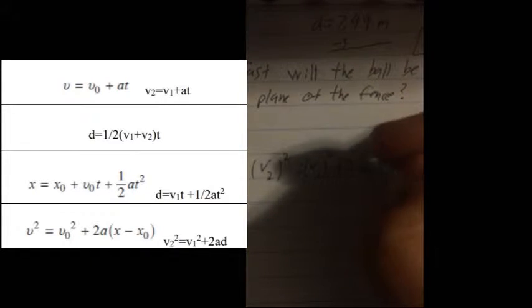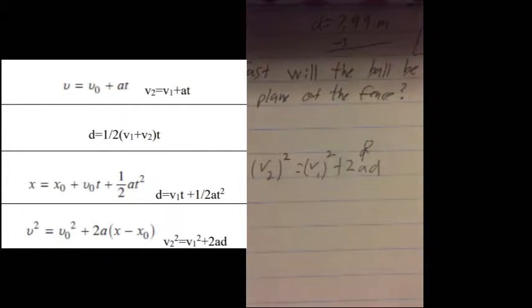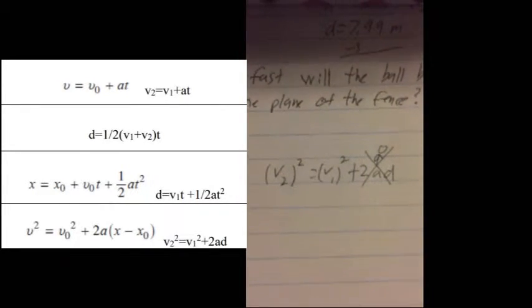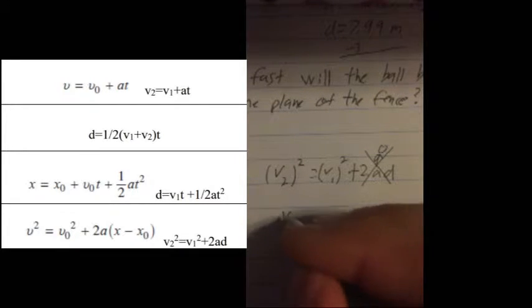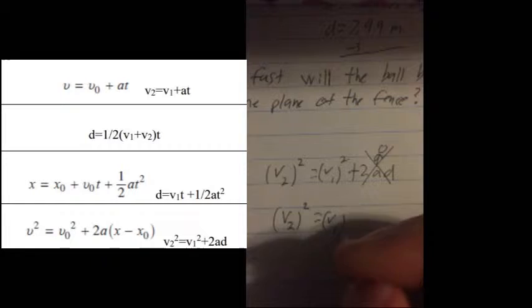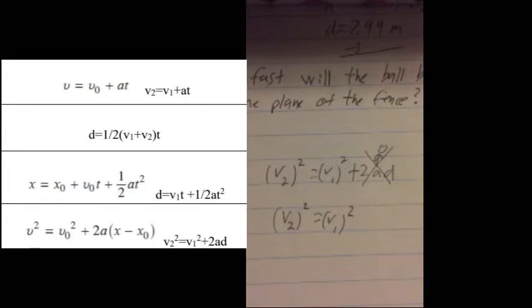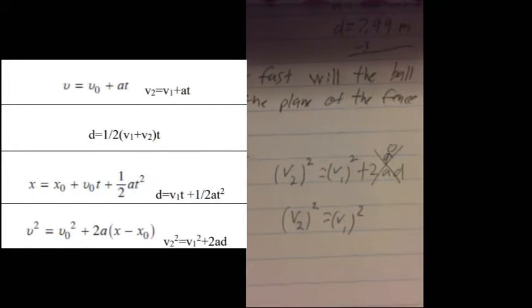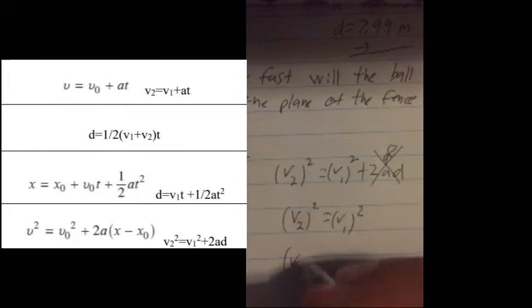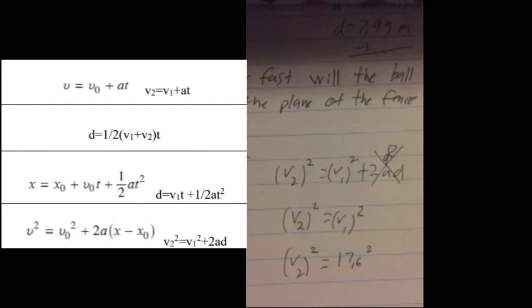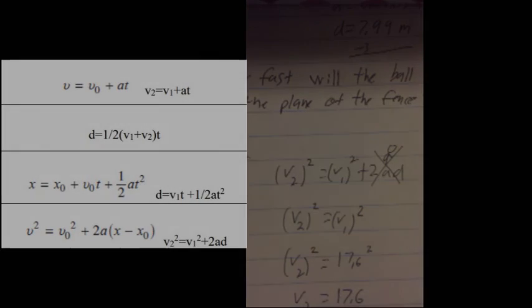Now again, since the acceleration is 0, anything times 0 is 0, so that cancels out. So v2 squared is equal to v1 squared. So we know that v2 squared is equal to 17.6 squared. Well, you take the square root of both of those. The ending velocity is the same as the initial velocity in the x direction.